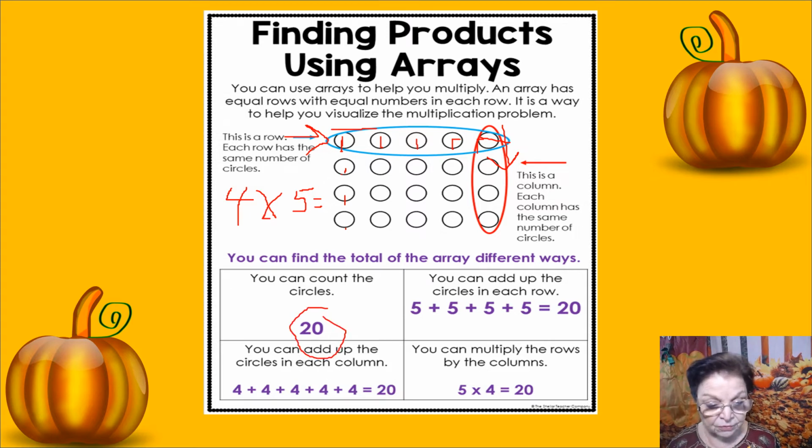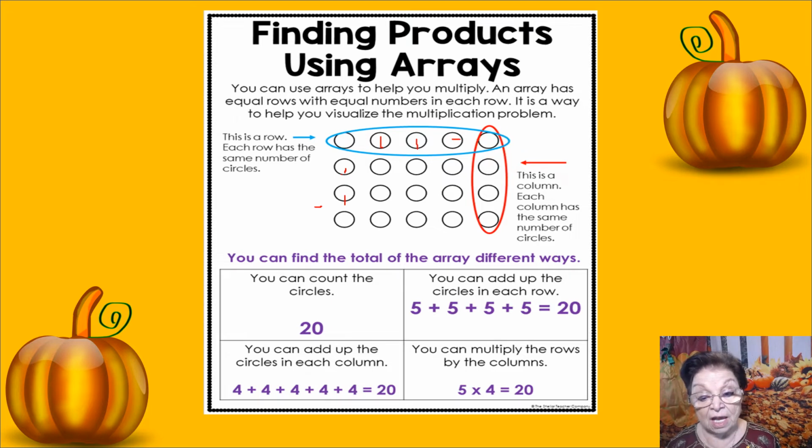I guess I can prove that to you. Just a minute. How do I clear this? Oh, get an eraser. I'm going to clear all of this, and this is going to be 4 times 5, and if I wanted to, I could do it sort of the hard way and count all the circles. It's going to take forever, but here we go. We can add up the circles in each row. No, you can count all the circles.